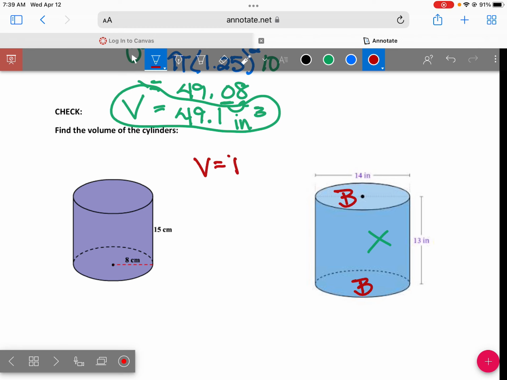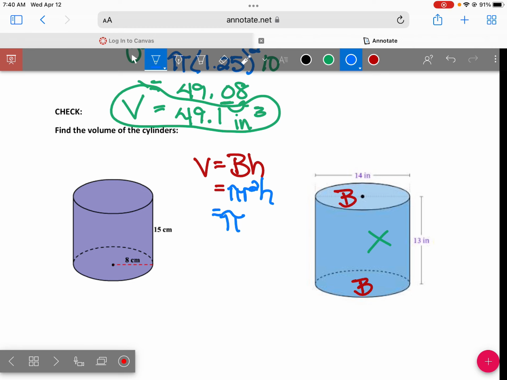Volume equals area of the base times the height. My base is in the shape of what, if we're talking about a cylinder? A circle, right? So pi r squared times height. What is my radius of the circle on the bases?